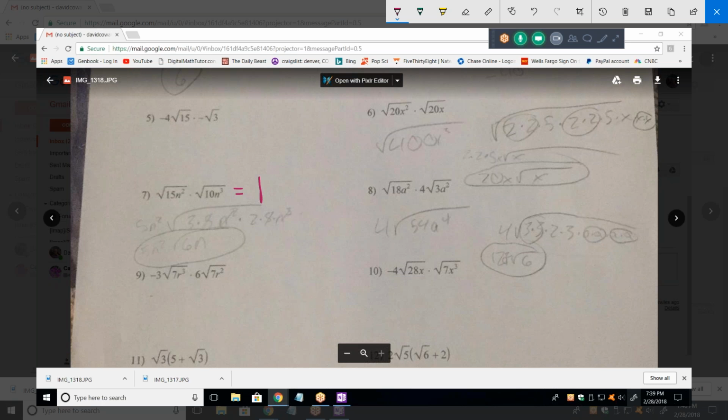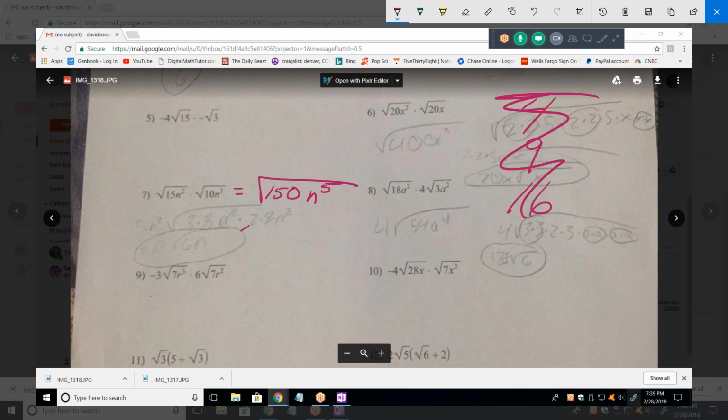150 n to the 5th. Now let's deal with the 150. What's a factor of 150 that's a perfect square number? Think of your perfect square numbers. 25. Perfect. So it's 25 times 6.